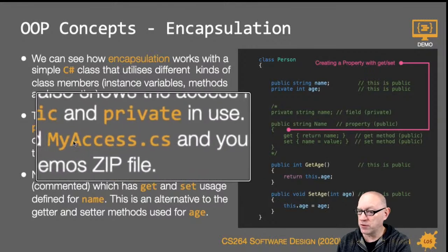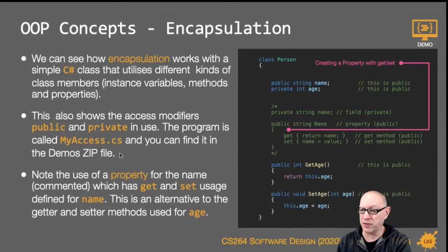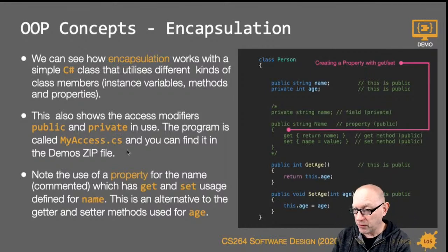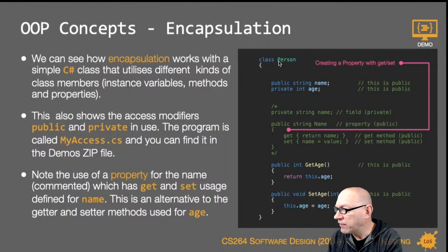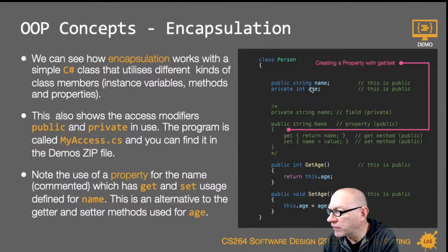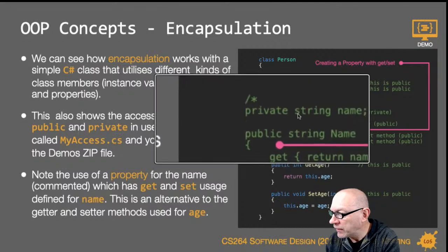So this program is called myaccess.cs, and you'll be able to find it in the demo zip file, which I will upload later in the week. Here we have a class called Person, with a public string called name and a private int called age. Let's ignore the code in the pink block for a minute.